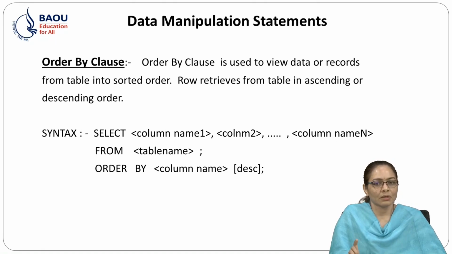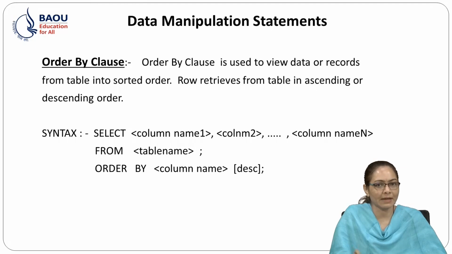Here, see the syntax of the order by clause. Select column name 1, comma, column name 2 up to column n from table name, then order by column name, then in the square bracket DESC, which is optional.